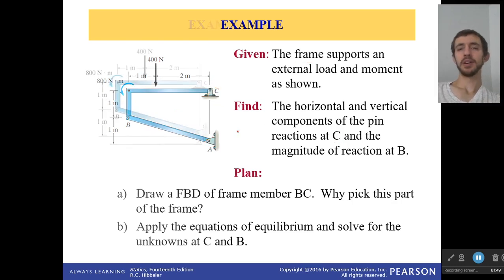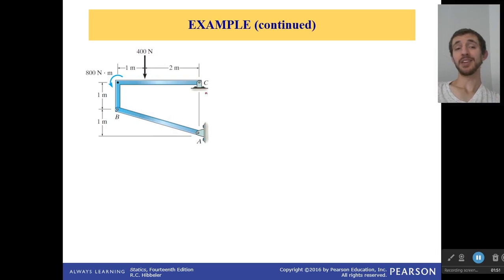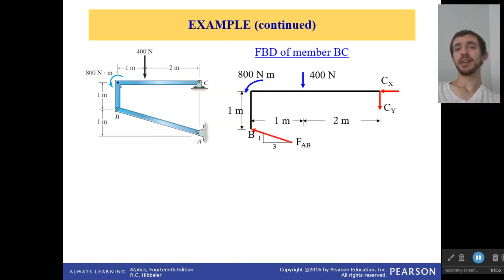So first off, like I said, we have to draw a free body diagram of this member BC. Now, you might be wondering, why BC? Well, let's count the unknowns, shall we? 1, 2, 3. Second thing you're wondering is, wait a second, why is this one right here 2? This one's 1.